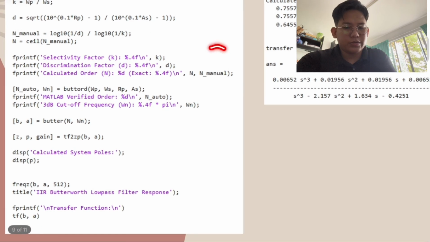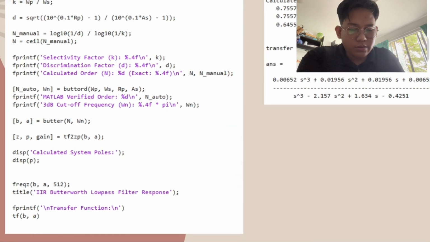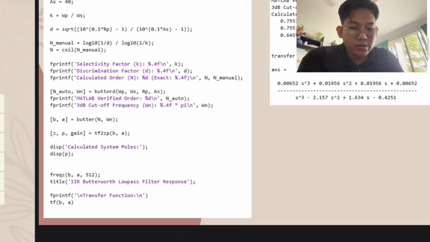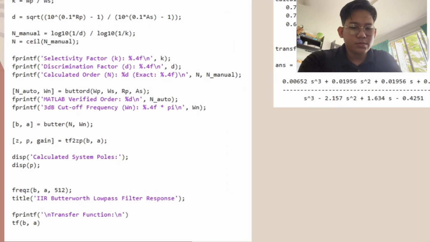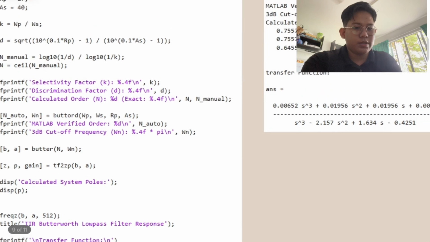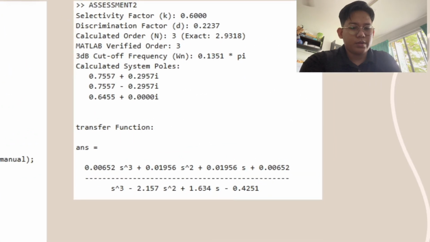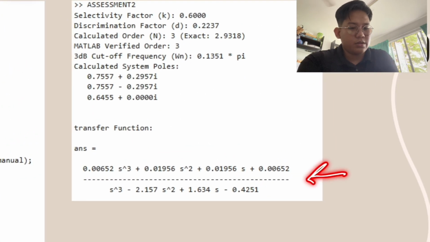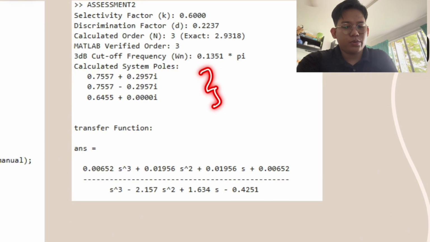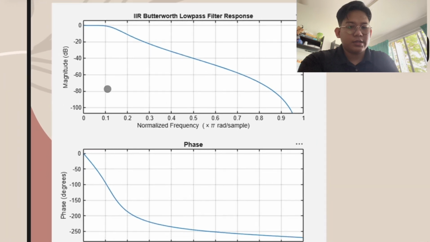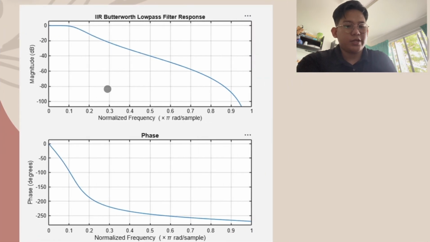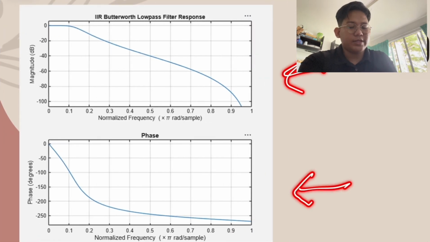And this is the command that we use to know the output. The command window is this one. This is the poles, and this is the transfer function. And the figure that we will get is this one.